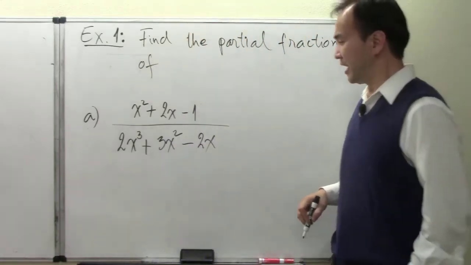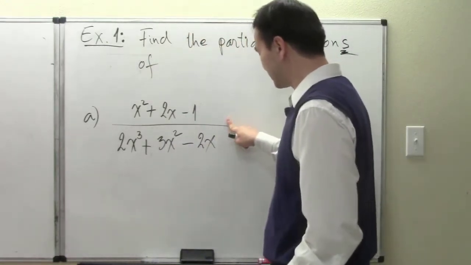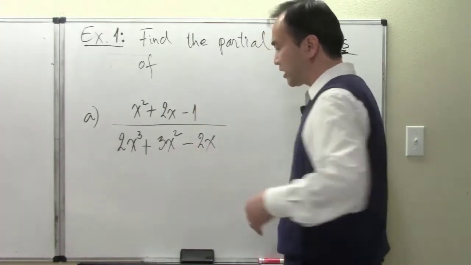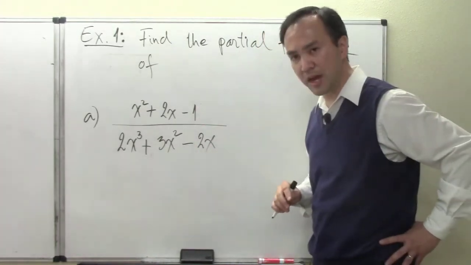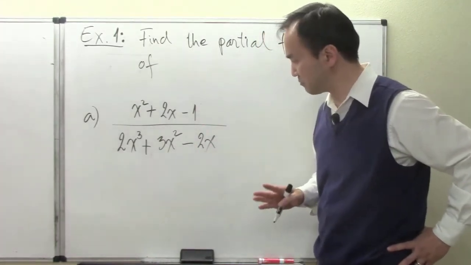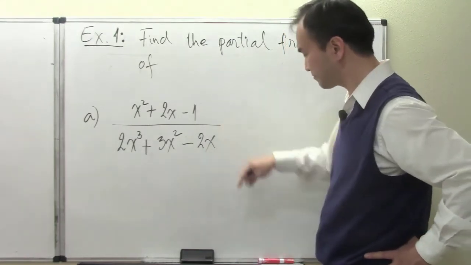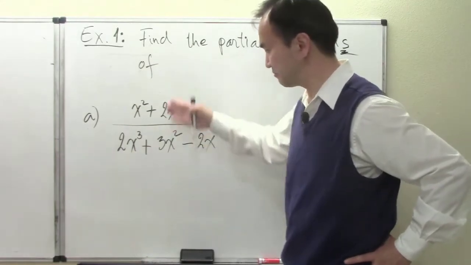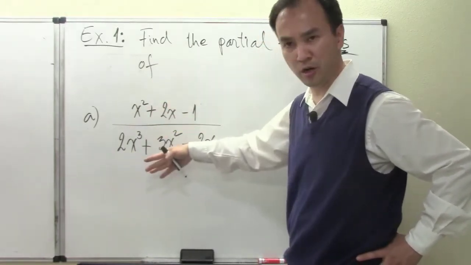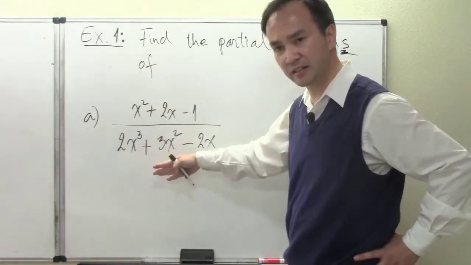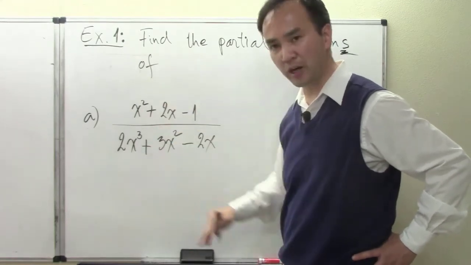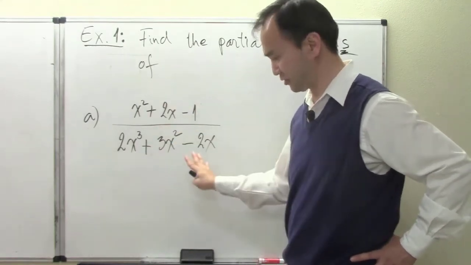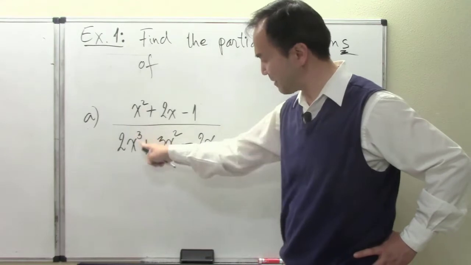That's our starting big expression, one big rational function. The denominator and numerator here are clearly two different polynomials, and the one in the denominator is pretty high power, degree 3.